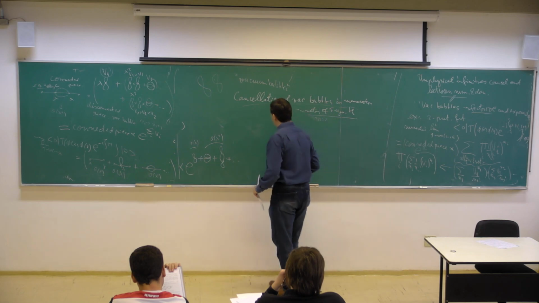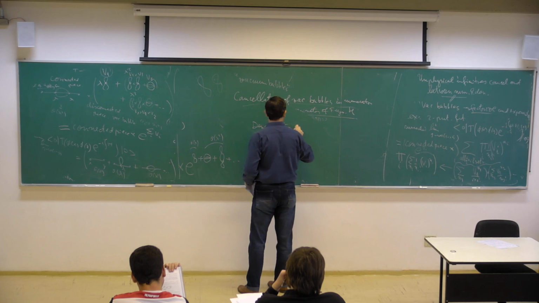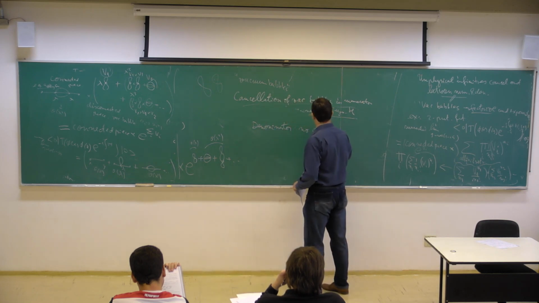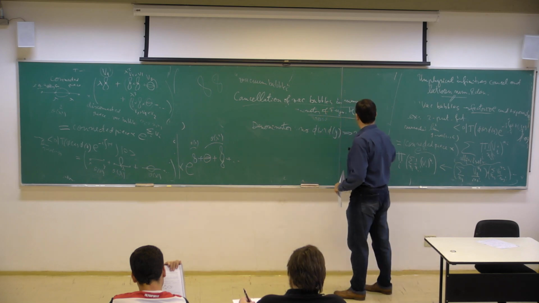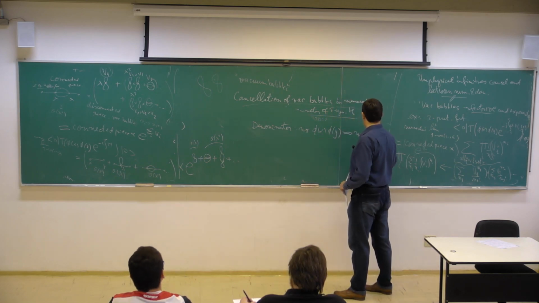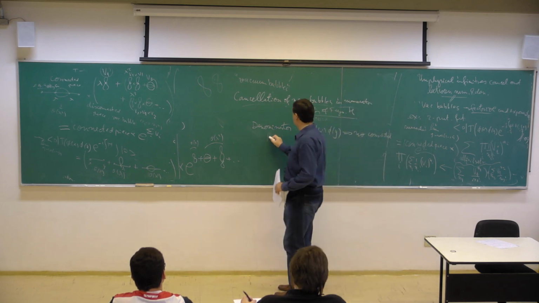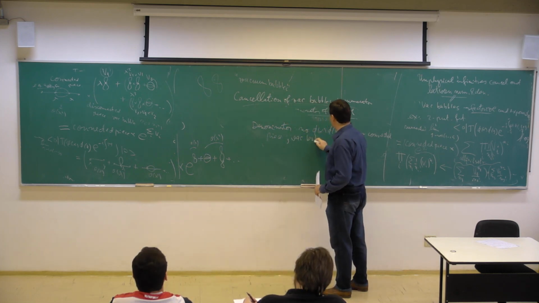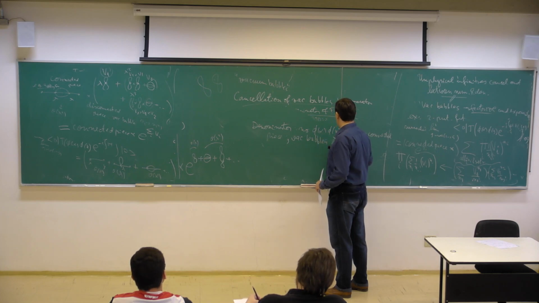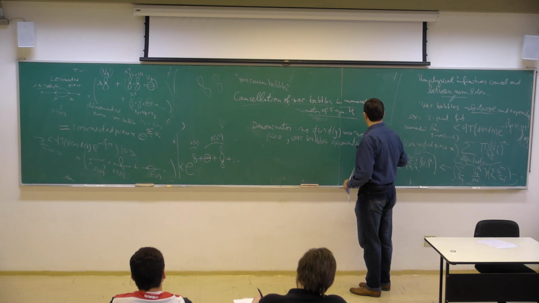So the denominator, with no phi(x) phi(y), means no connected piece. But vacuum bubbles still exponentiate in the same way.